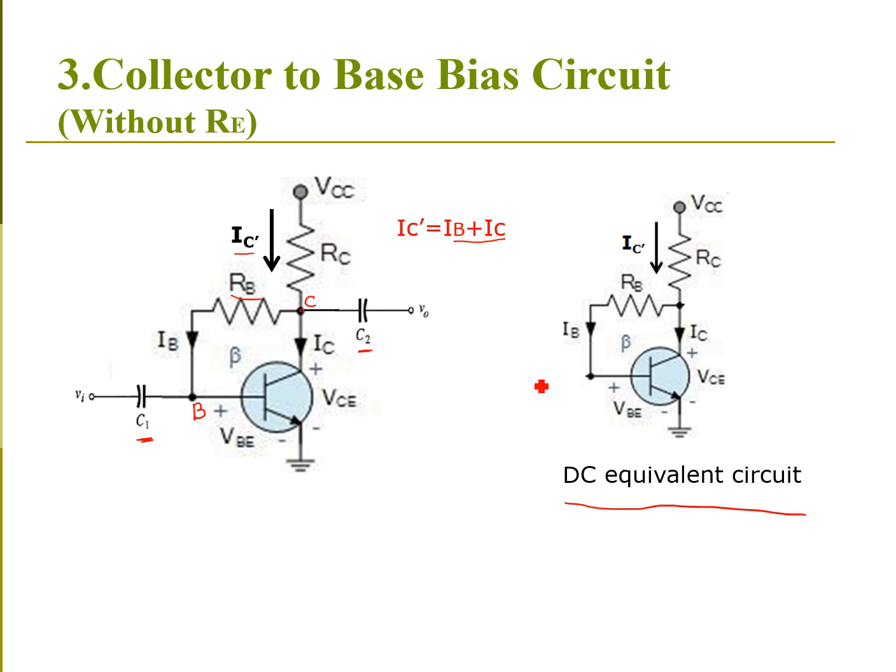Now, we have to start doing the DC analysis. In the DC analysis, the first thing which we want to find out is the Q point. The second parameter is comment on stability. So, we will be finding out the stability, and after that we will be commenting on the stability of this circuit.